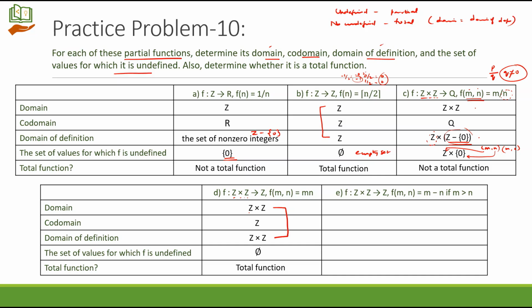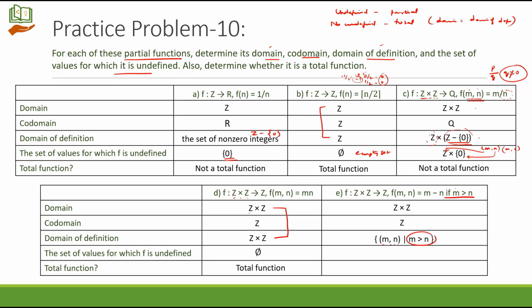Now let's go for E. Let's look at the domain. It is the ordered pair Z cross Z. Then we have the codomain Z here. Now the domain of definition. It is given as m minus n if m is greater than n. So there is a condition specified here, and this will be the domain of definition for the ordered pair m comma n. Is there anything undefined? They have given it for m greater than n.